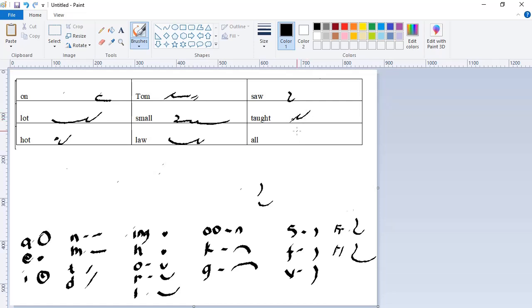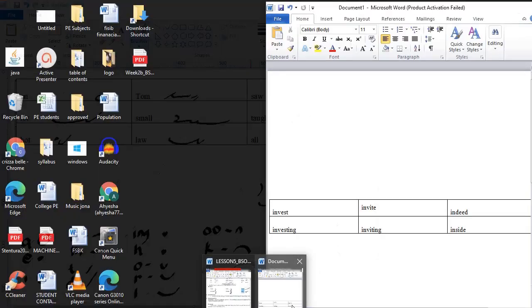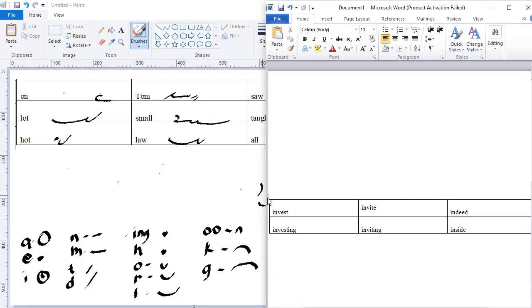T-O-T. Thought. And then we have all. We have O-L. All. Okay? So, andyan, mas kita na yung term or yung rule natin na you write what you hear. Like, all is spelled as A-L-L, but when you pronounce it, it's pronounced as all with an O. Therefore, it is stroke with an O. Okay? So, ayan. Next, we have, I think this is going to be the last part, the words starting in.